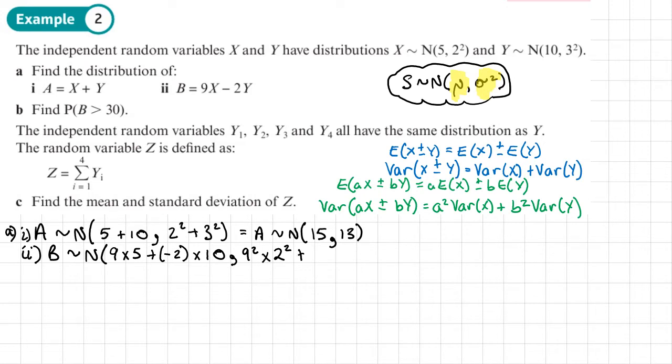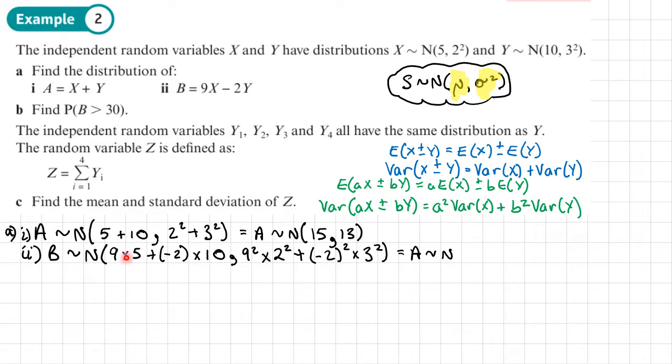And then plus, we'll always plus the variance, even if this is a minus here. B squared, so it's going to be negative 2 squared, times the variance of Y, which is 3 squared. So we've got plus negative 2 squared times 3 squared. So we'll work out what those numbers are.